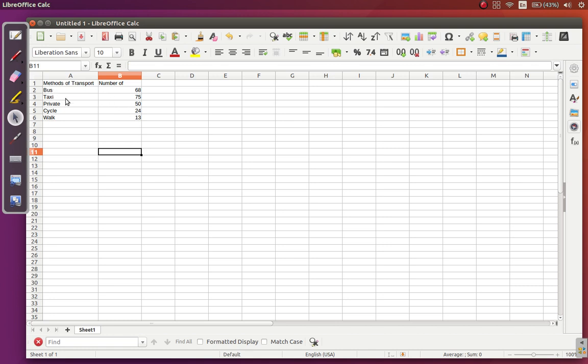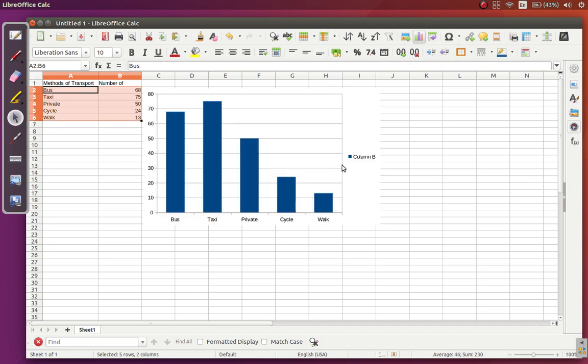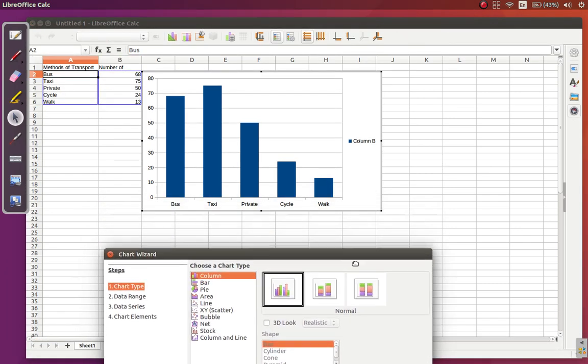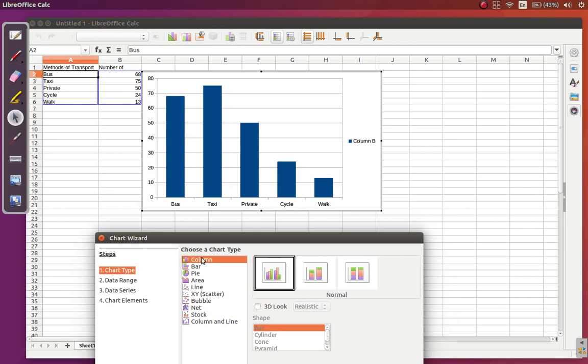All right. Now let's highlight these and introduce a chart. Where is it? Insert chart. All right. So here, what we have is a bar chart. You see the bars?